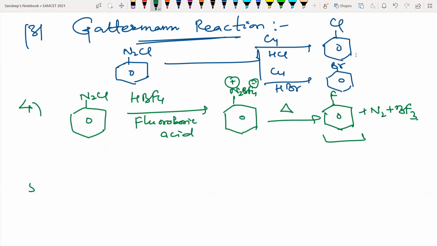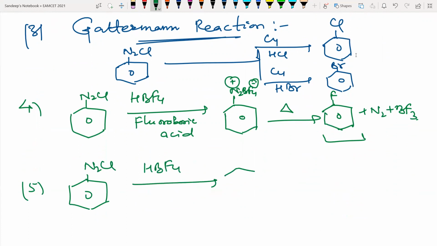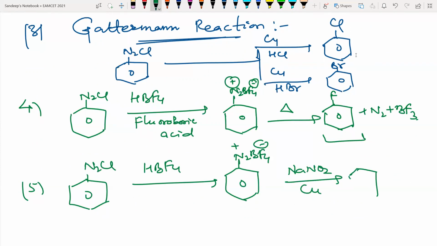Next, when benzene diazonium chloride is treated with fluoroboric acid, HBF4, it forms benzene diazonium fluoroborate. Now, when this compound is treated with sodium nitrite in presence of copper, it forms nitrobenzene, sodium fluoride plus BF3.